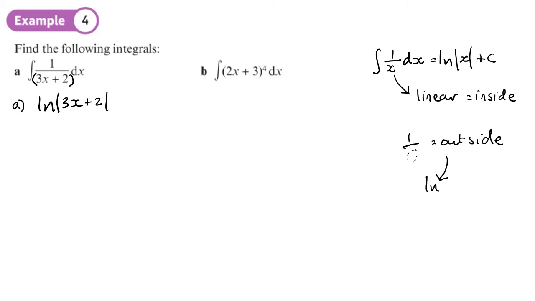So integrate the outside, 1 over something becomes log of the something, divided by the inside differentiated, so you divide by 3, so we end up with 1/3 log 3x plus 2.